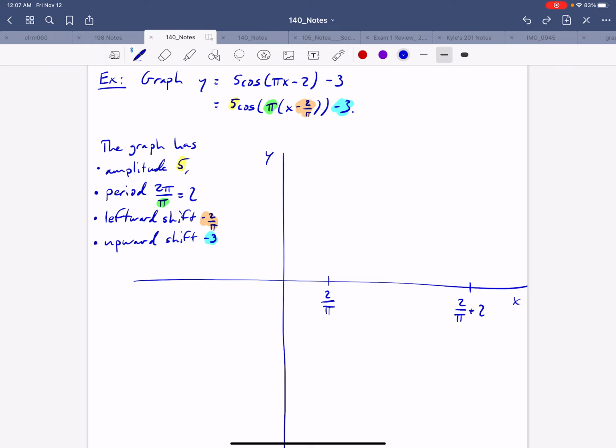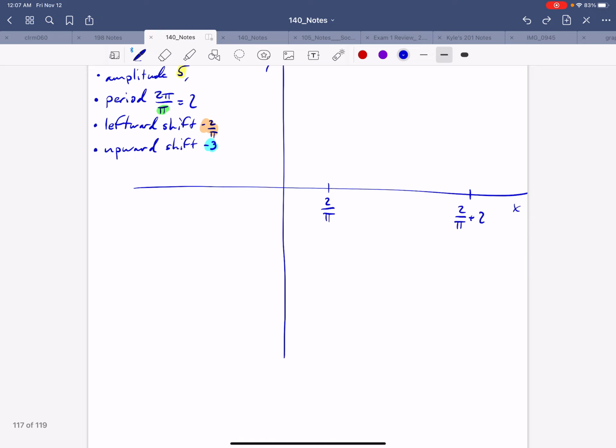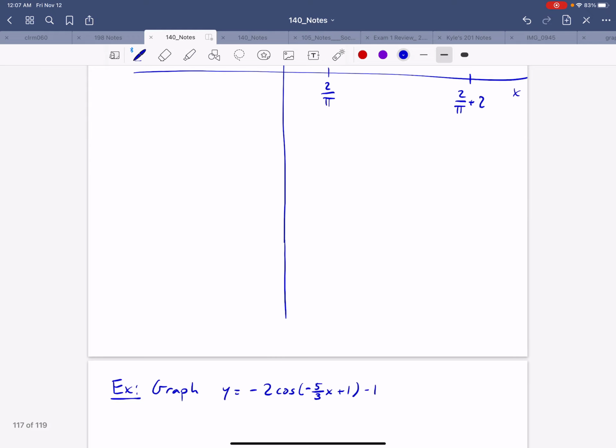Now, since we're shifting the graph down by 3, let's go ahead and note negative 3. Actually, you know what? If we're going to keep this to scale, negative 3 is actually about the same as 2 pi plus 2.